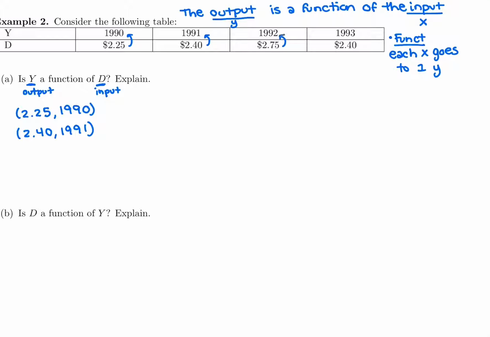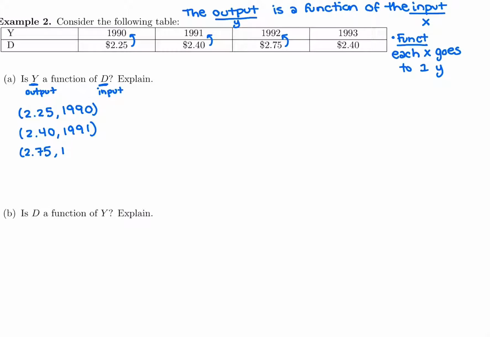Next one is 2.75. You plug that in, and your output that you get is 1992. And then last one, we have 2.40 goes to 1993.